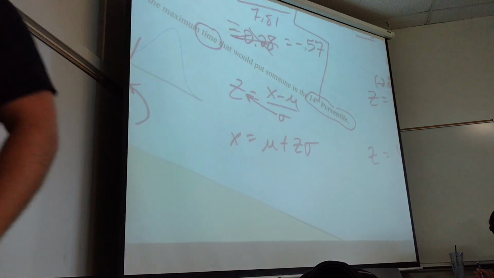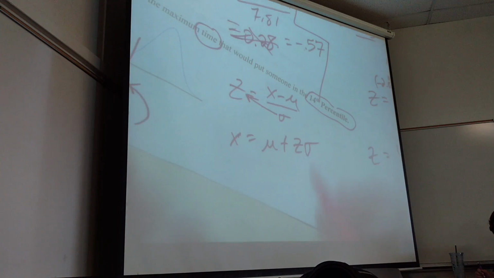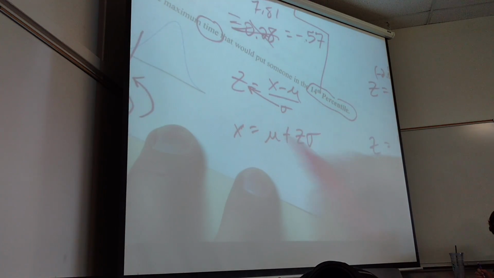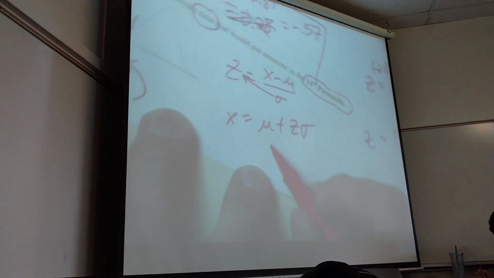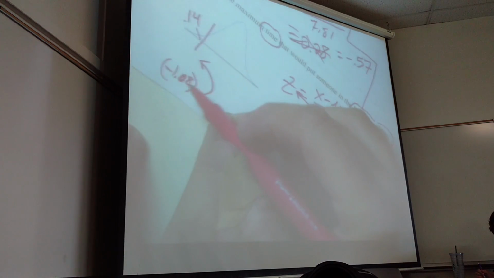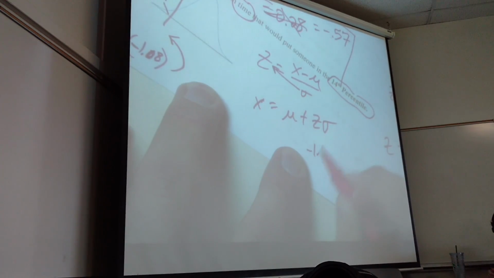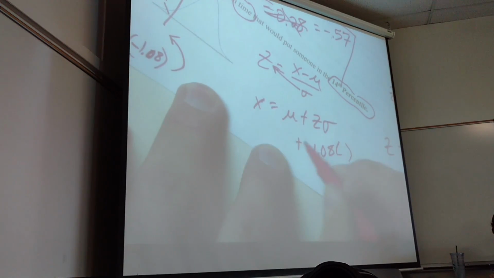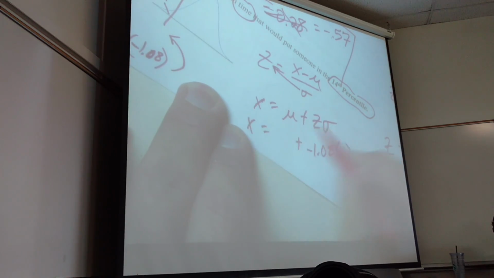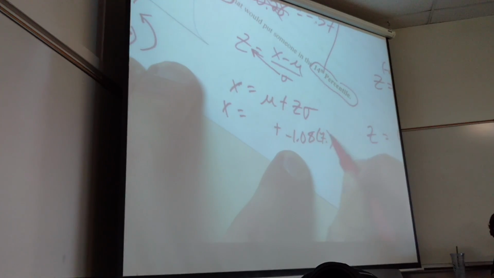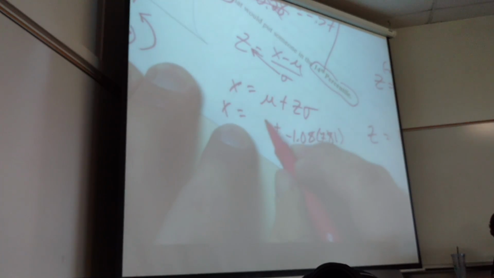Maybe someday. All right, so how do I use this thing? What do I know? I know the z-score, we just figured it out: negative 1.08. I know the standard deviation. What's the standard deviation size? 7.81. And what's the mean?